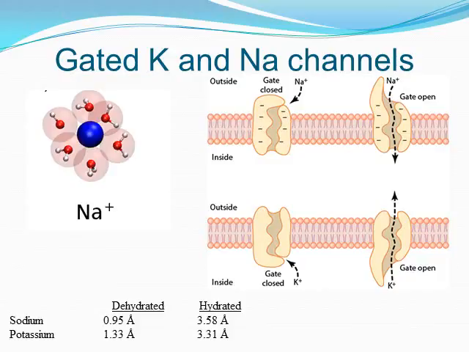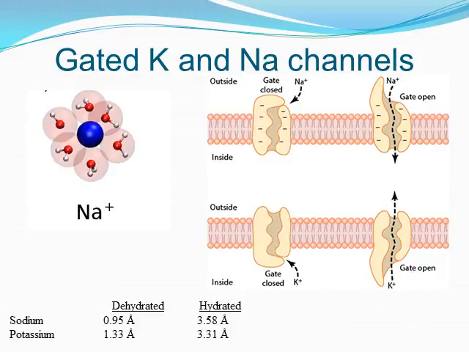But gated channels, or channels for sodium and potassium in general, the way that they are specific to these ions would be through, again, you've got those selectivity filters in the potassium channels, but the other thing with sodium channels especially is that sodium is smaller than potassium, and that's shown in the numbers in the bottom left here.